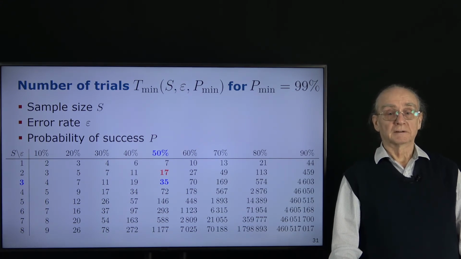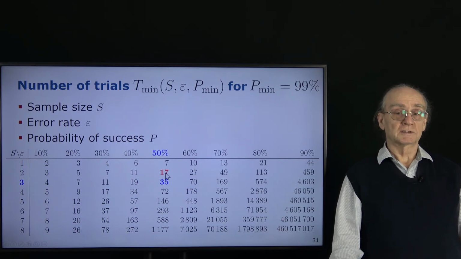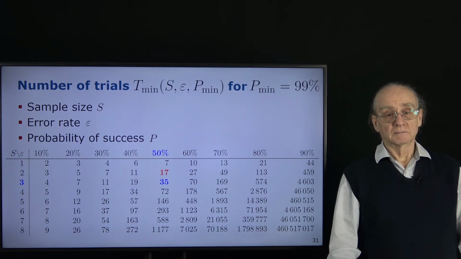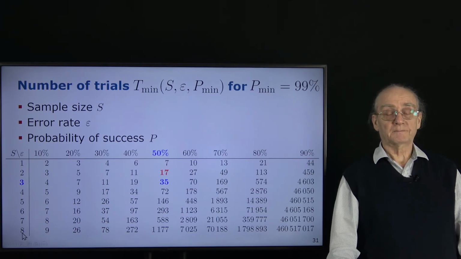So, okay. We see this is about double that of the case with a 2-point sample. And we see that in this column, the ratio between consecutive numbers is approximately 2, which shows that the number of trials approximately increases with 2 to the power of the number of points in our sample.